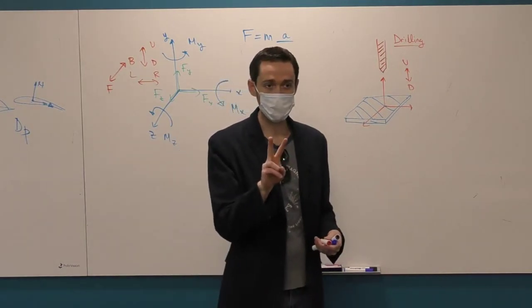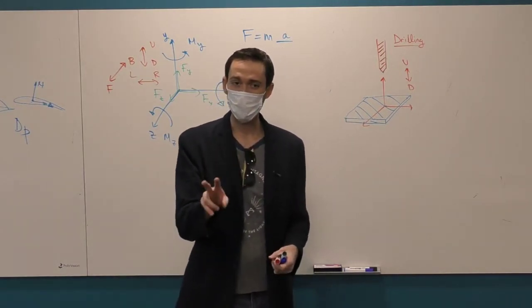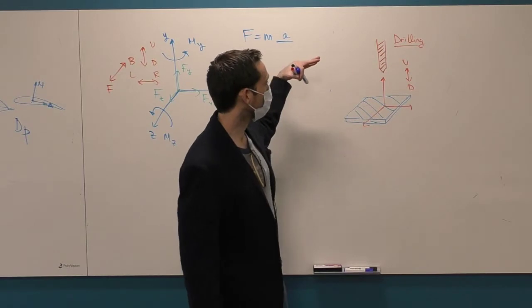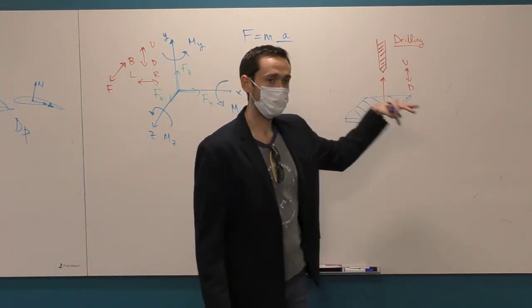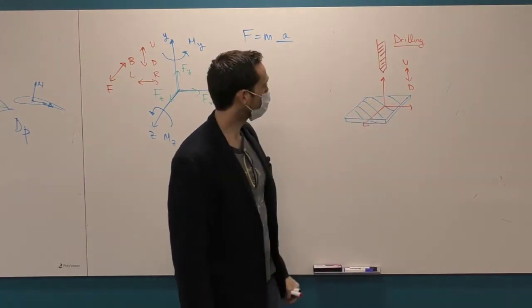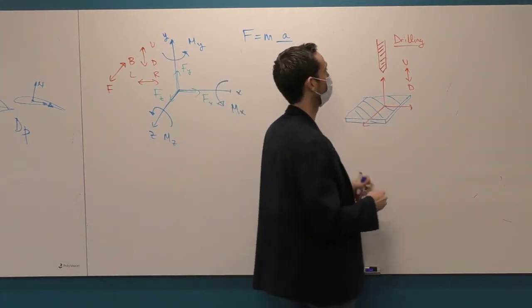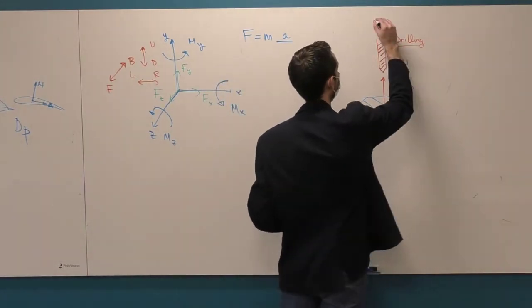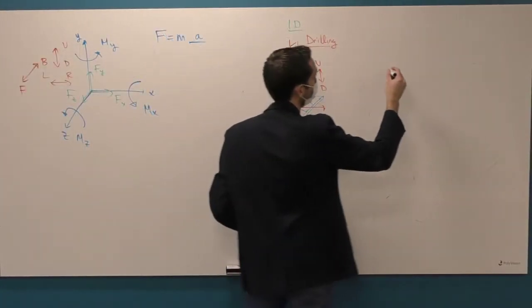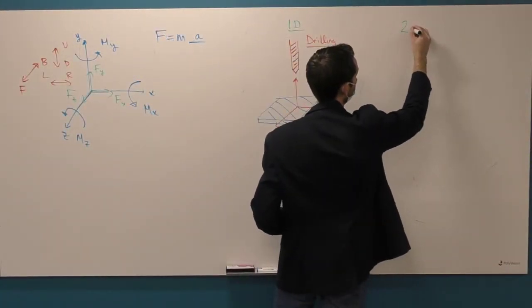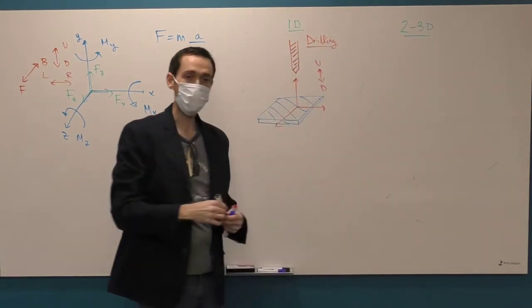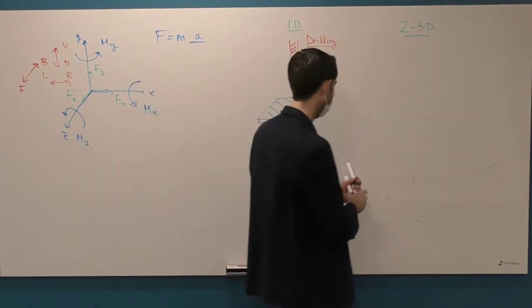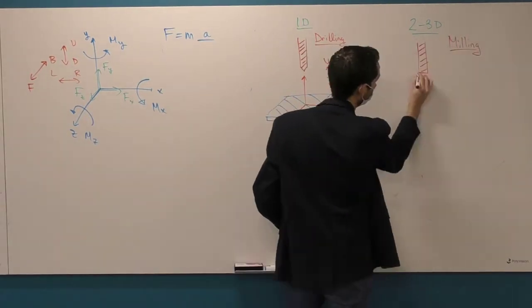Step 2 is to ask how we can take this to the next level, and the answer is to be able to go up and down, but also left to right and front to back. So we have 2 to 3D instantly when we look at a mill.